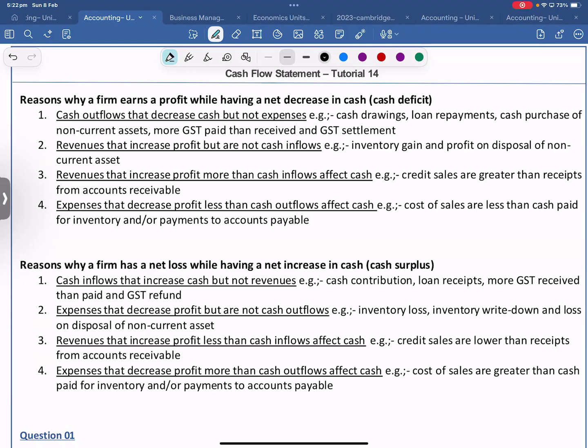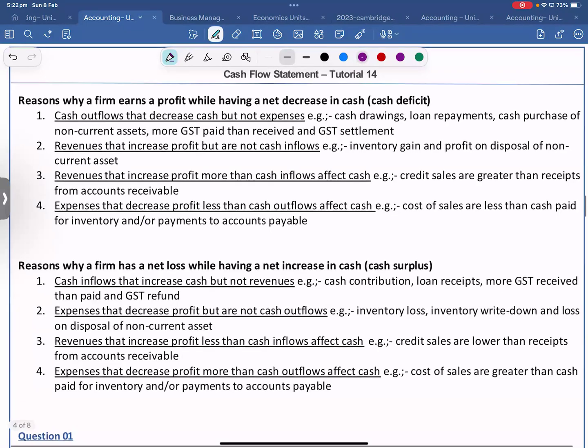So this point also you should be well aware of. Revenues that increase profit more than cash, that is trade sales being greater than receipts from accounts receivable. And the other one, expenses that decrease profit less than cash outflows.